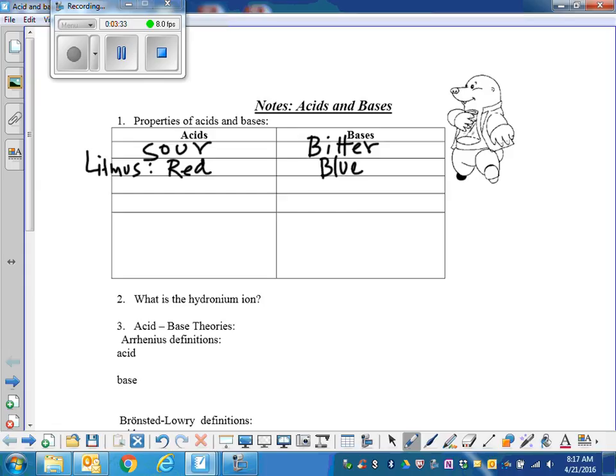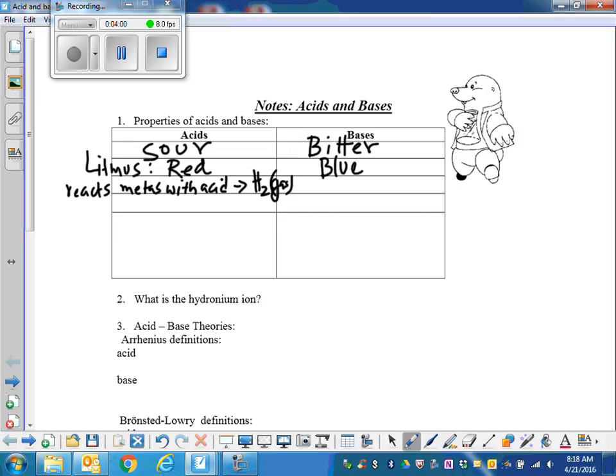If you react metals with acid, what gas will you get? Hydrogen, because all acids begin with an H. So you will get hydrogen gas.